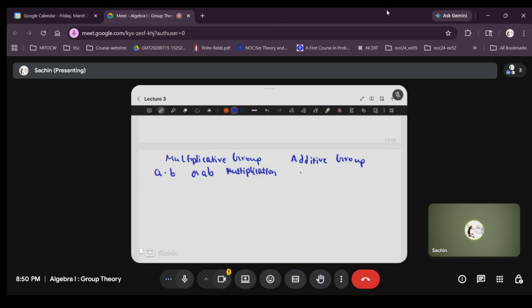Similarly, for addition, A plus B is the notation. If it's multiplication, the identity element is denoted by either E or 1. Here this 1 does not mean the number 1. 1 means the multiplicative identity. To avoid confusion, many times we will write that as E also. But if I write 1, from the context you should be able to understand whether it is the number 1 or the identity 1.